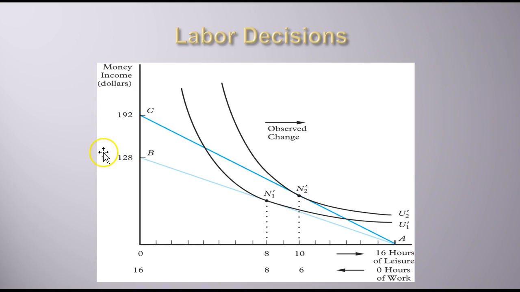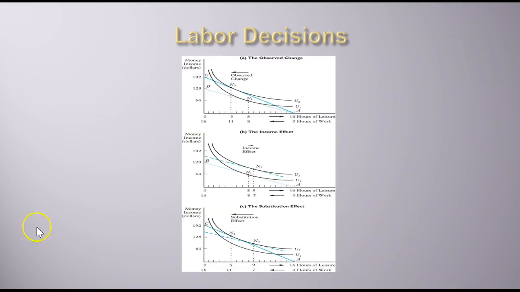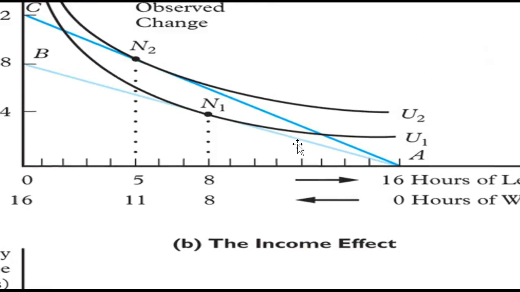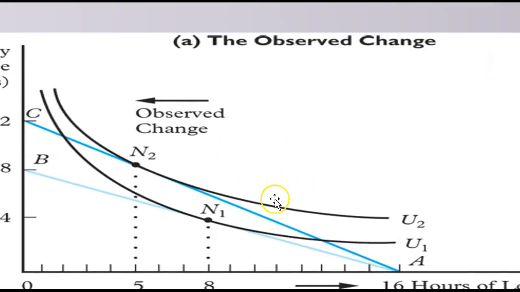In the case where the income effect is greater, the observed change, which is the income effect and the substitution effect combined, will show a decrease. So in this case, the income effect is dominating. So now let's look at the other case and show how we actually look at measuring these.